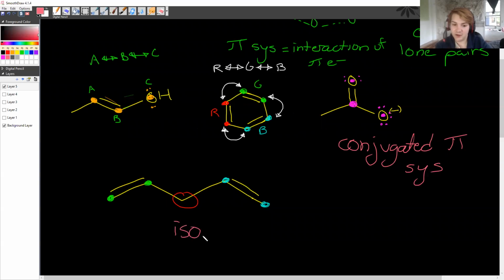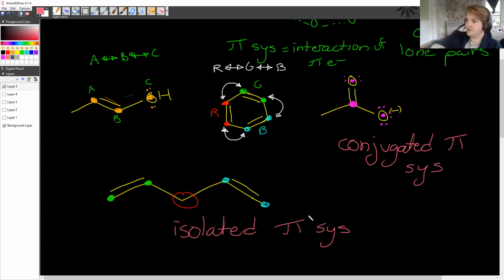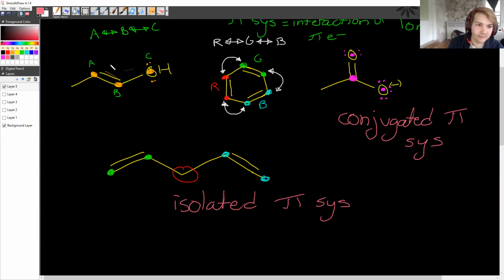Versus down here, this is called an isolated pi system. So why am I explaining all of this? The reason is because only conjugated pi systems can interact in resonance forms. Only conjugated structures can undergo resonance. Isolated structures do not undergo resonance. So let's take a look at resonance.